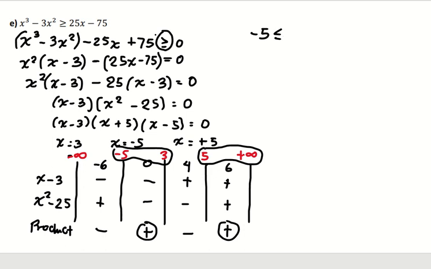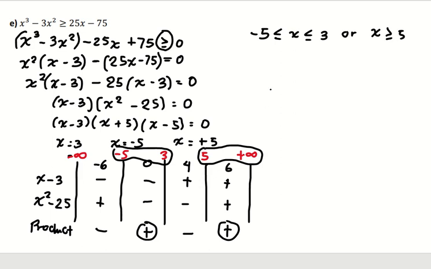We say less than or equal to because the symbol here is greater than or equal to. So negative 5 is less than or equal to x is less than or equal to 3, or 5 and above. So we say x is greater than or equal to 5.